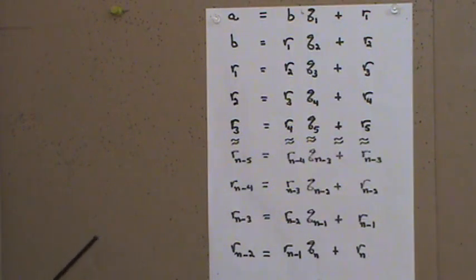Now, how do we prove that this is a common divisor? Look at what happened. Rn is equal to 0. So if this is 0, then what happens? Then Rn minus 1 divides Rn minus 2.